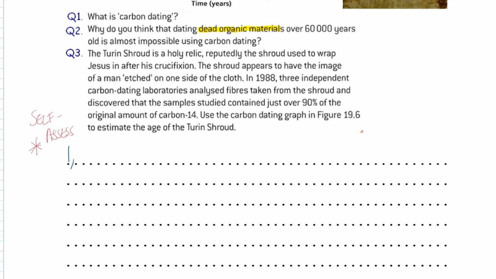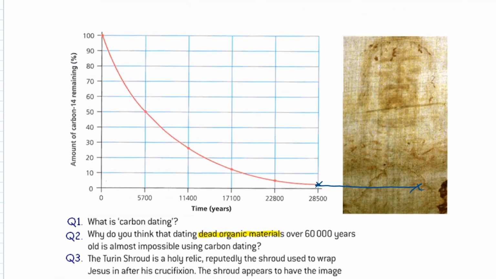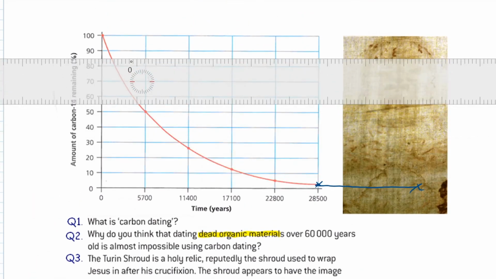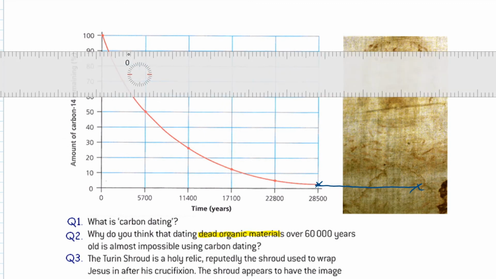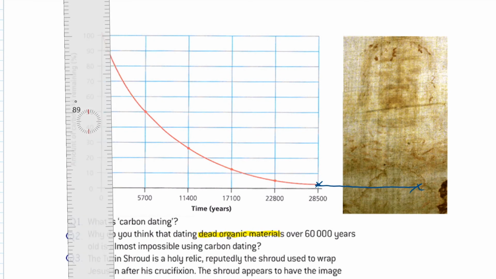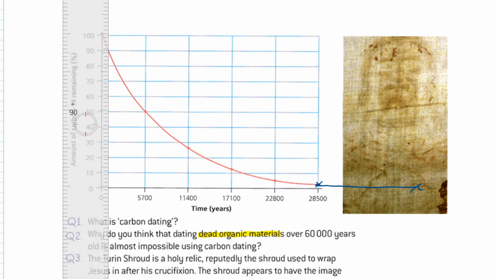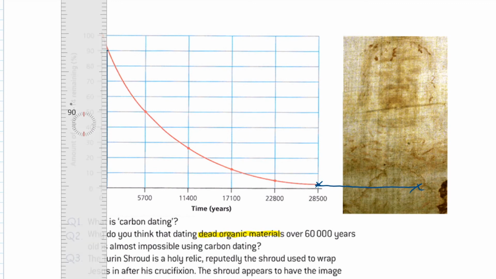So 90%. We go up to the graph, get your ruler, you come across from 90%, and then it's going to be a little bit of estimation here obviously, but you just need to extrapolate a line as best you can, coming down from there.